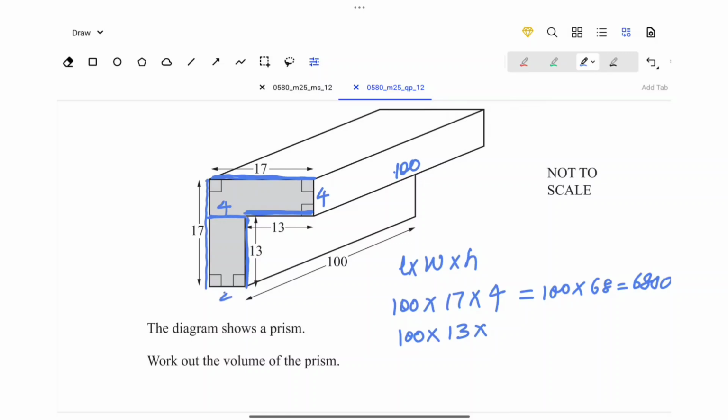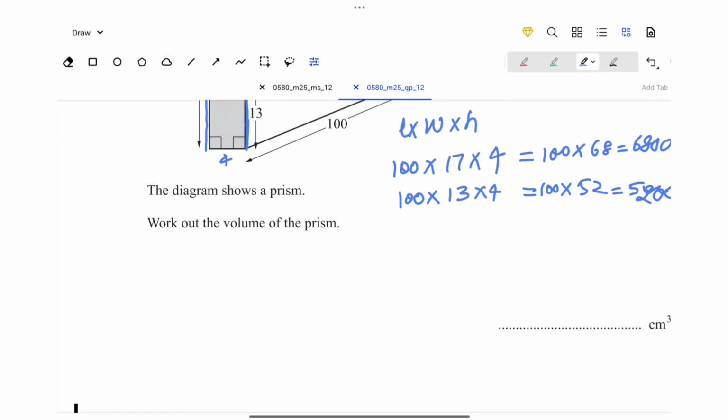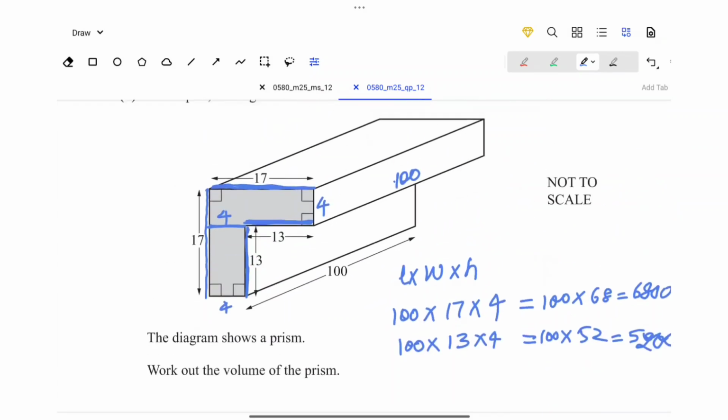So the width of that is 4. 13 multiplied by 4 is 52, and 52 multiplied by 100 is 5200. By adding these two, we get 12,000 centimeters cubed, the volume of this prism.